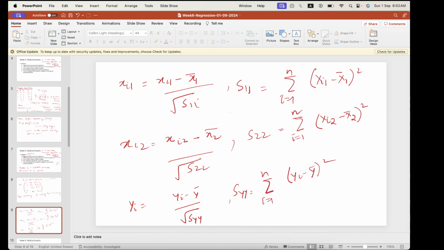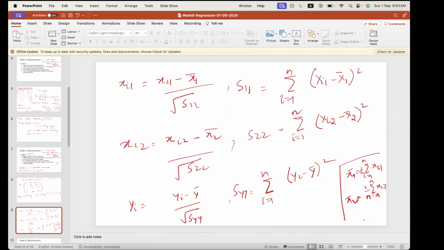Alright, and x1 bar, I'll write it here. So x1 bar is summation i equal to 1 to n, 1 by n xi1. Similarly we'll have x2 bar equal to 1 by n summation i equal to 1 to n xi2.